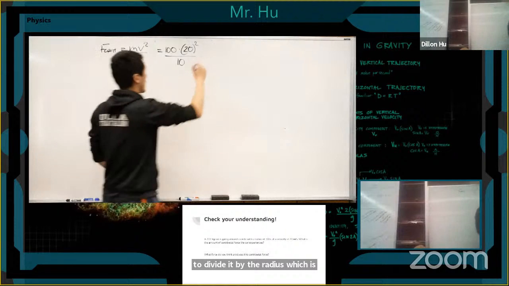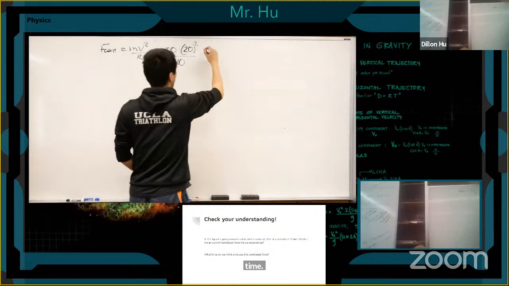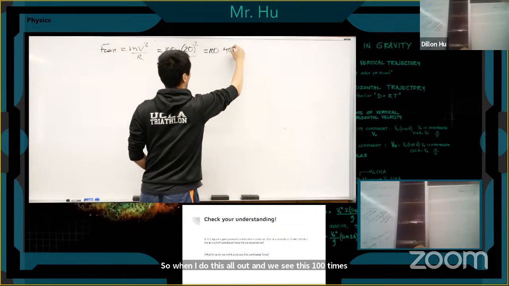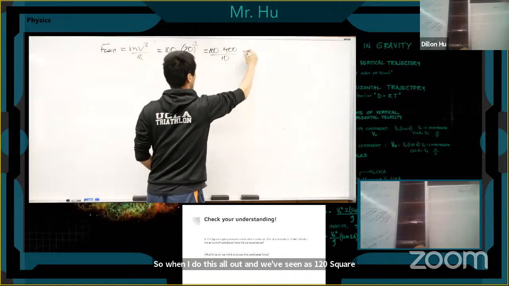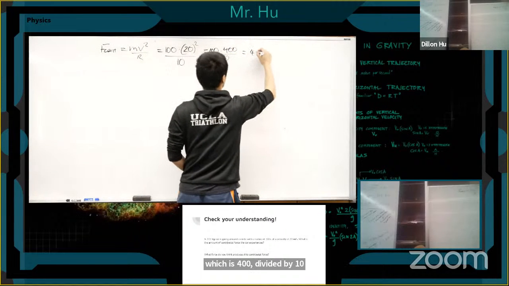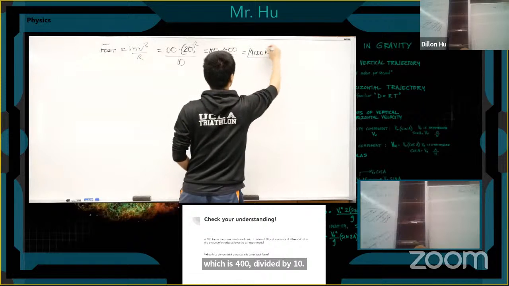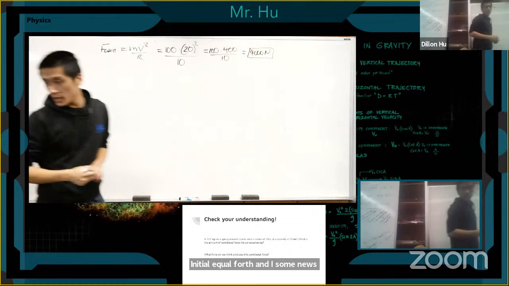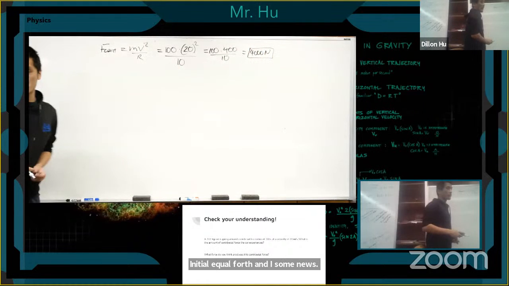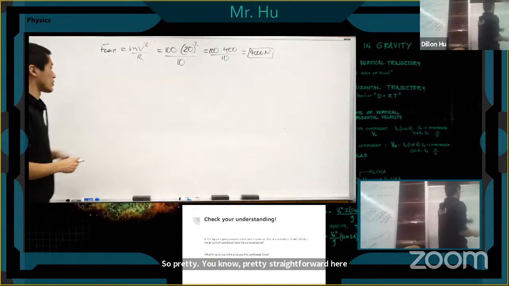When we do this all out, 20 squared is 400, times 100, divided by 10, and this should equal 4,000 newtons.